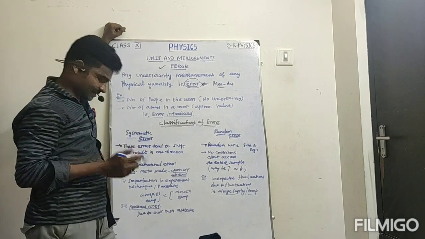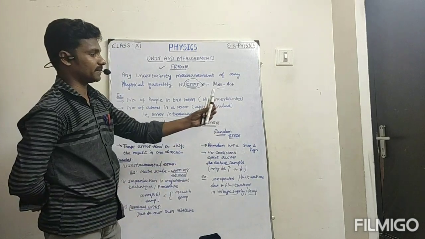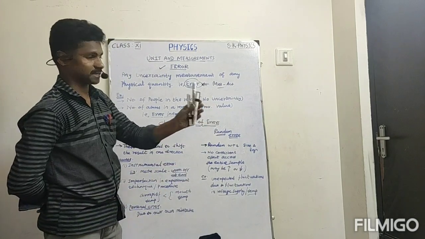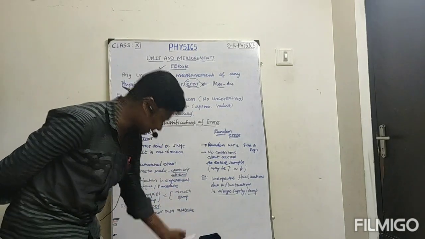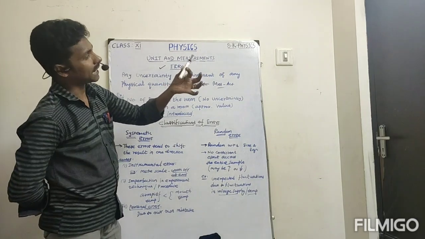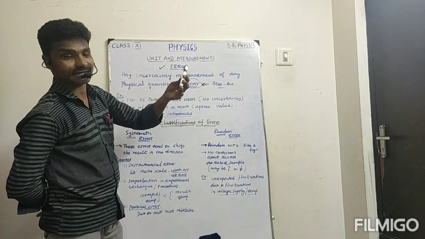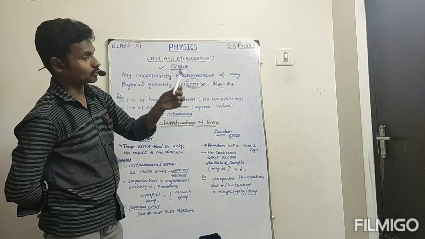Say for example, how many pens are here? Totally 3 pens. Here there is no error. Suppose you observe this pen, let's take one pen. How many atoms are there? Here is some chance to make error. How many molecules are there?